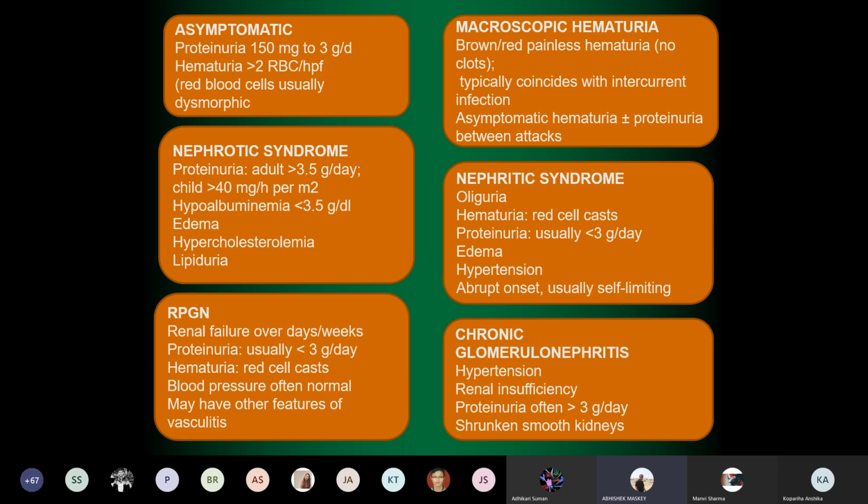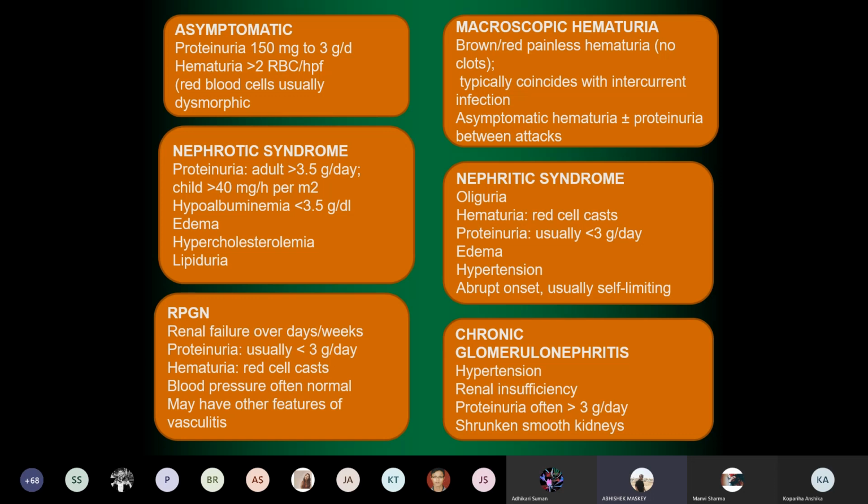Rapidly progressive glomerulonephritis are kidney diseases where today the patient is normal. They will just come with some mild hematuria or mild proteinuria, and slowly, within weeks, not days, the creatinine will keep increasing, and ultimately within a few months the patient will land up in chronic kidney disease, and they have to go for dialysis or transplant.